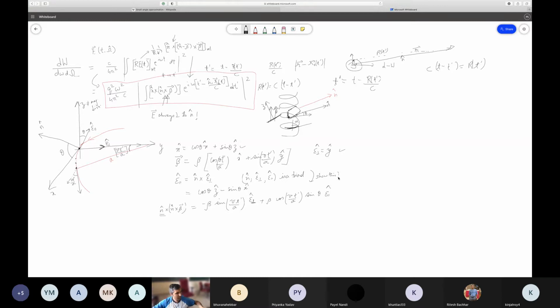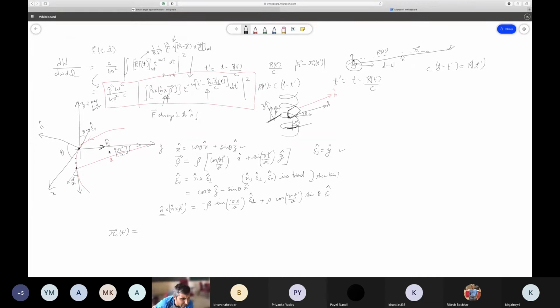Okay, what else? We also need to calculate this exponential factor, right? For that, we will need r naught of t prime. This is the location of this charge as a function of time. Actually, you can also see this velocity is easy to see.